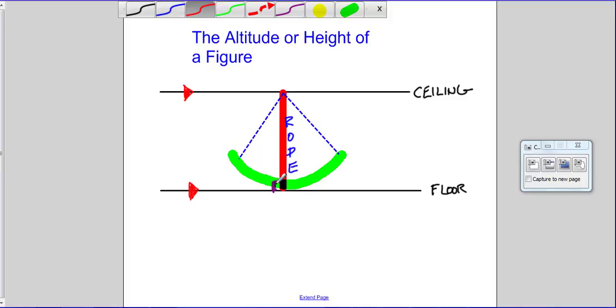Notice that the rope will intersect the ground at a right angle. Any other place where the rope hits the ground will not be the shortest distance. So the altitude or height is the shortest distance from the ceiling to the floor, and it's going to intersect at a right angle.